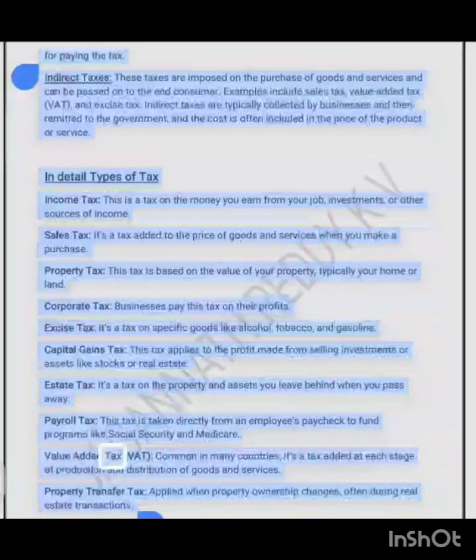Value-added tax, VAT. Common in many countries, it's a tax added at each stage of production and distribution of goods and services. Property transfer tax. Applied when property ownership changes, often during real estate transactions.